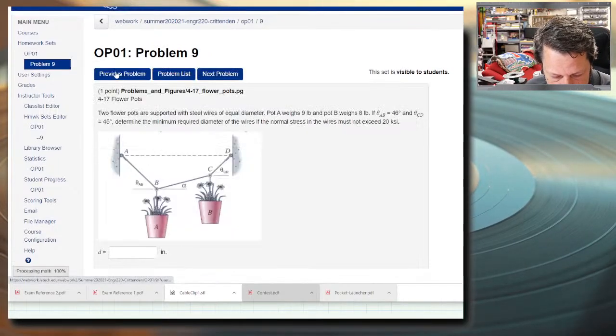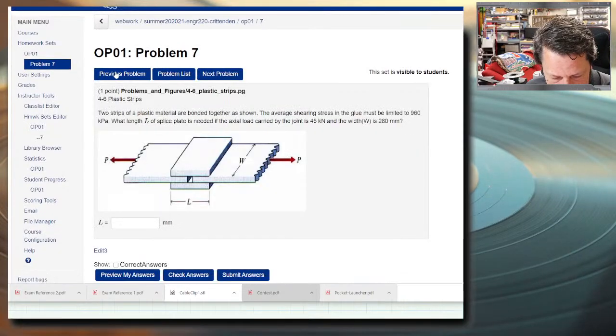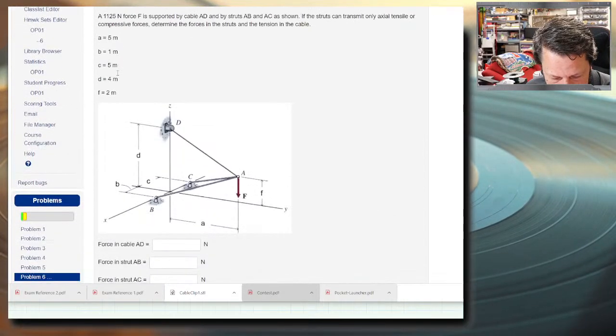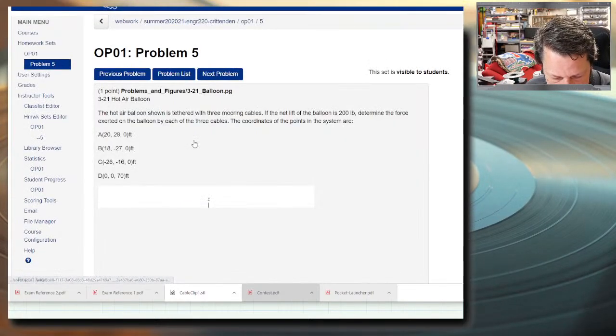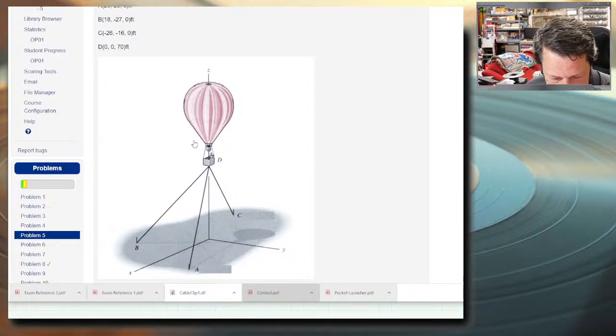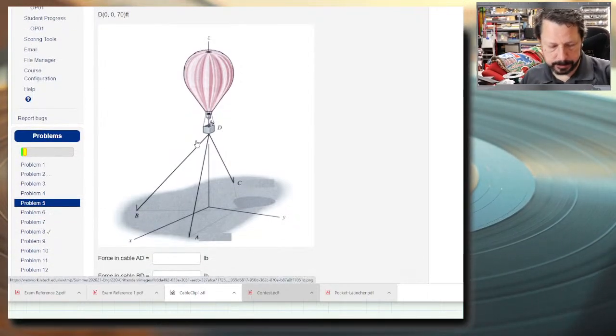Just looking for a good 3D problem. I think I've actually already worked this one. It is a good one. See if there's something different. Well, this one's at least sort of different. We can work on this one.